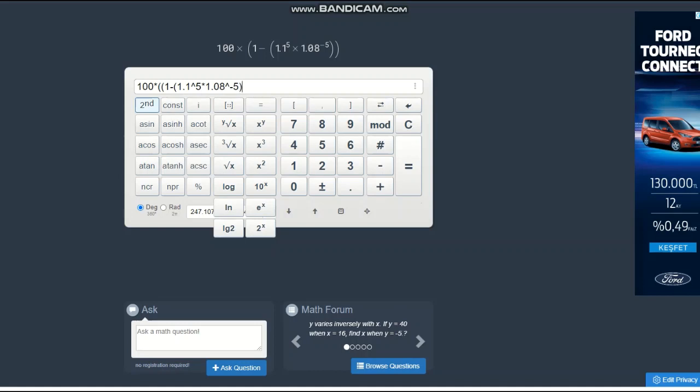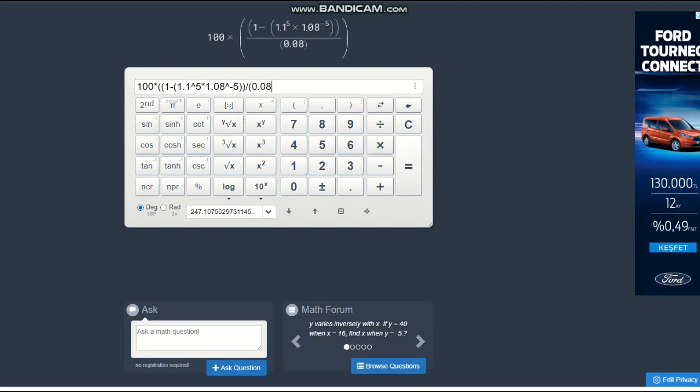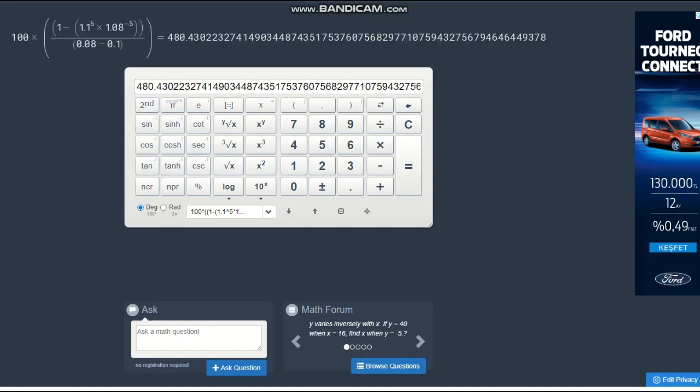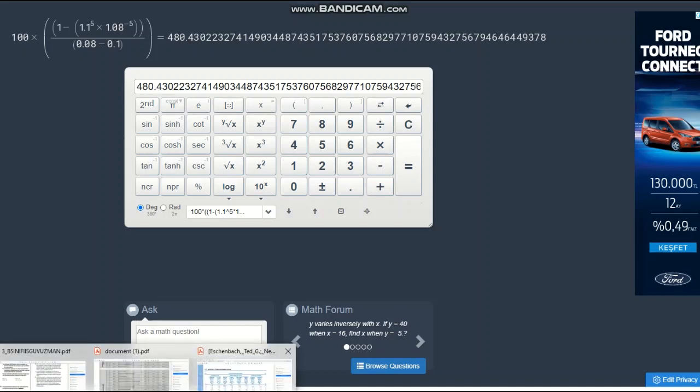Let's close this up, and divide over 0.08 minus 0.1. So the answer is 480.4.